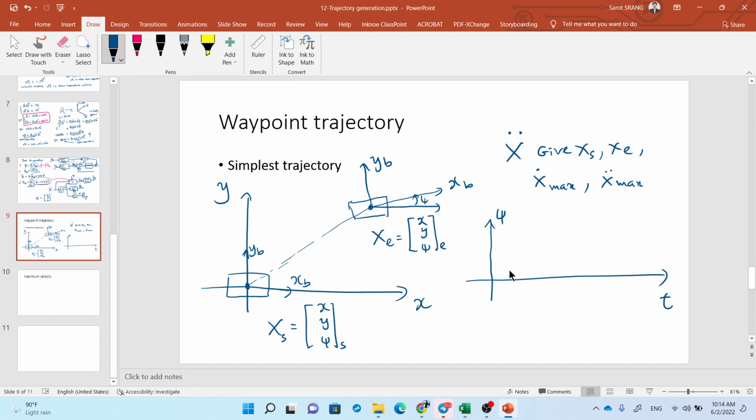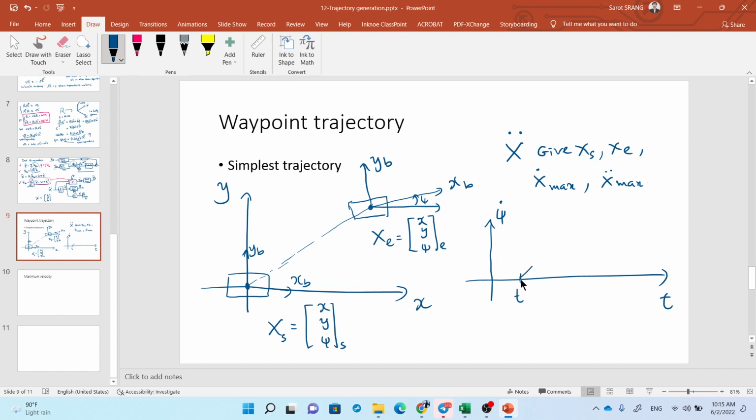So now I give the idea. First the robot is at rest, at the angle psi start, and the angle at the end, psi end, for example. So at a certain time t, it starts to accelerate, so it is psi dot.